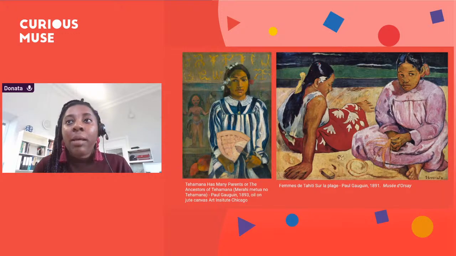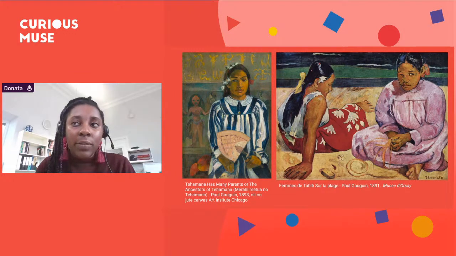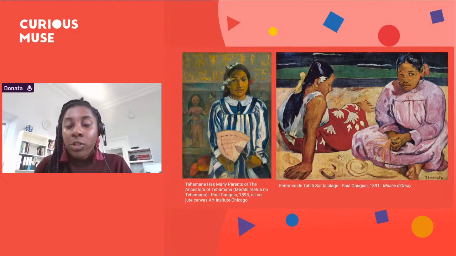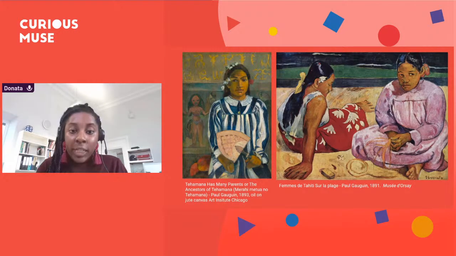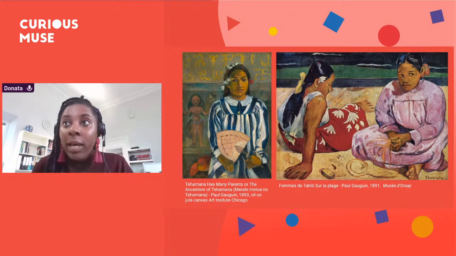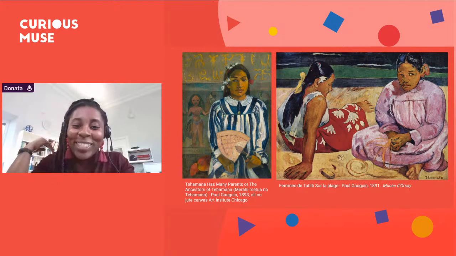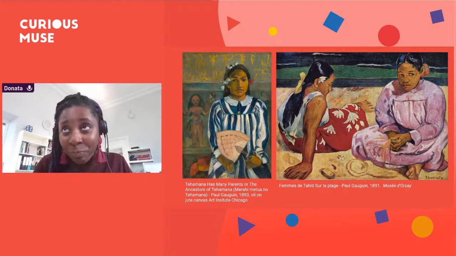And we see some of this infiltration in Tehamana's dress, which is a type of colonial dress that would have been given by missionaries during that period of time. So it's quite austere. It covers all the way to the arms, all the way down.